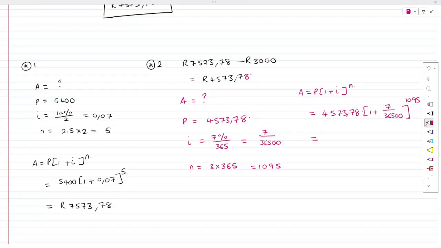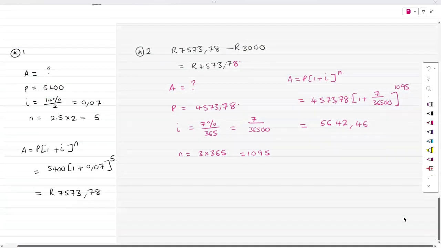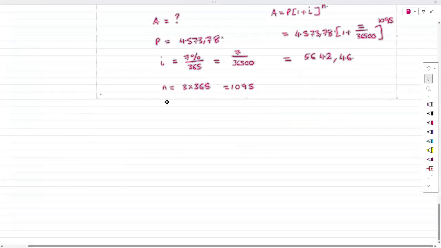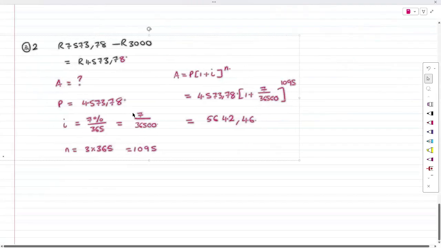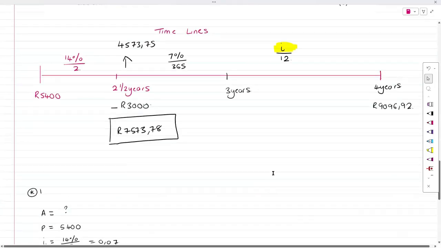Okay, so I get 5,642.46. Always double check all answers. Mistakes in timelines are going to be a really big problem because each answer carries on to the next part.